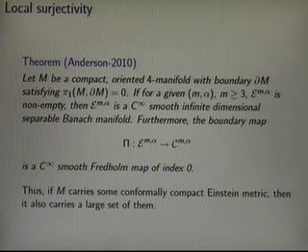And moreover, the boundary map, the map pi, is a Fredholm map of index 0. Okay. So in particular, if the kernel of the differential is 0, you get some local surjectivity. All right. Okay. So that's Anderson's result. This was published this year, but was done, I think, 2 years ago.